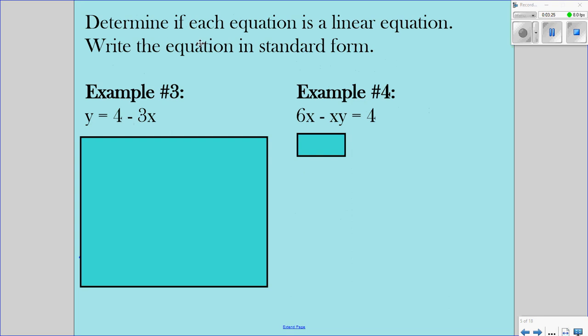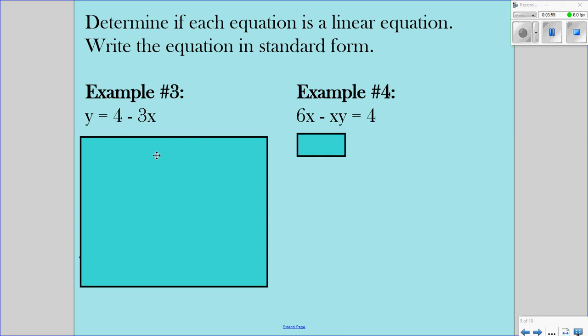Alright, so it says determine if each equation is a linear equation, and write the equation in standard form. So the first thing we need to know, is it a linear equation? Based on what we learned in the last unit, in order for an equation to be linear, what must be true? You've seen this form, y equals mx plus b. So if you have the y by itself equal to mx, so there's a variable, a number in front of the variable, and then you have the b, the y-intercept, then it is a linear equation.